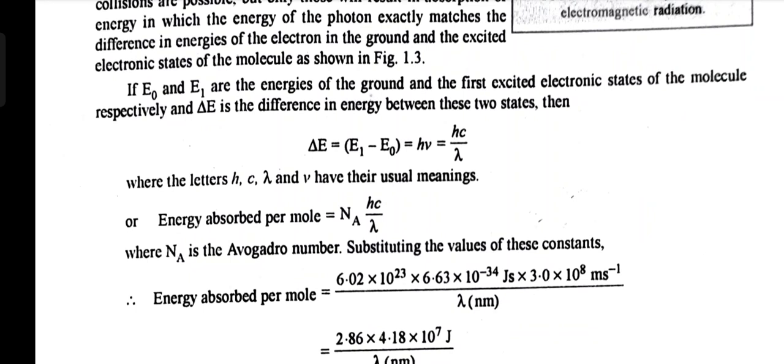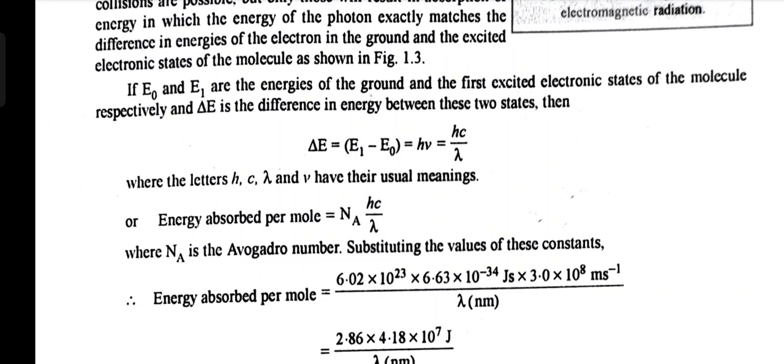If E0 and E1 are the energy of the ground and first excited electronic state of the molecule respectively, and delta E is the difference in energy between the two states, then delta E equals E1 minus E0 equals h nu equals hc by lambda, where the letters h, c, lambda and nu have their usual meanings.